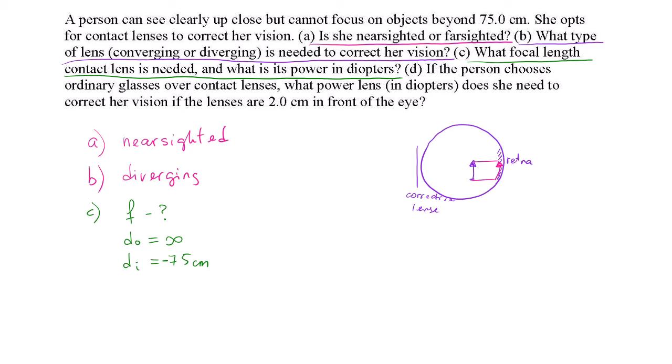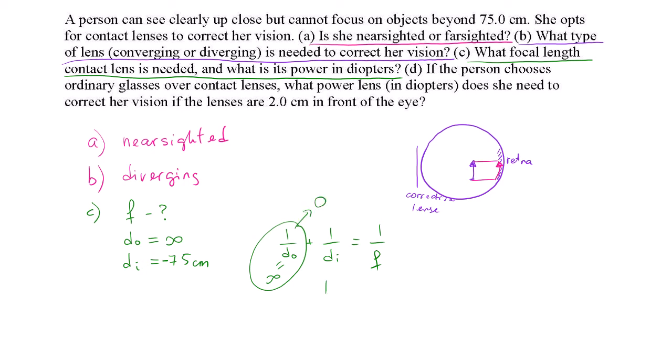Now to find the focal length, we need to use our lens equation. So 1 over DO plus 1 over DI equals 1 over f. Since DO is infinity, this whole term approaches 0.